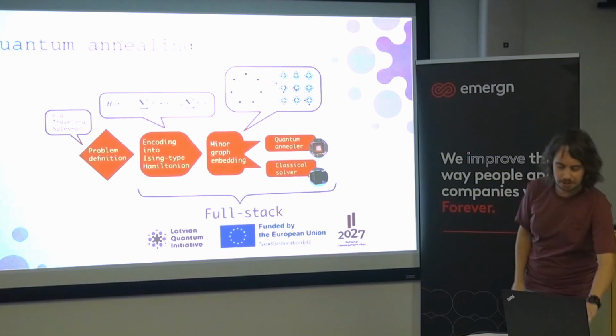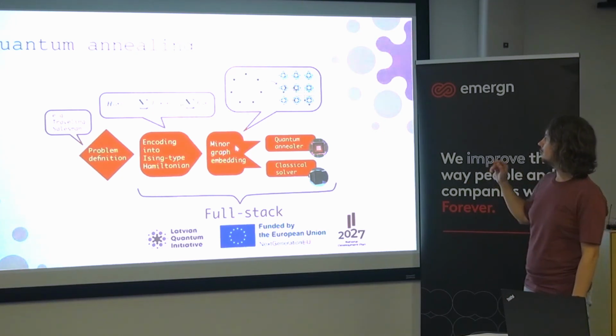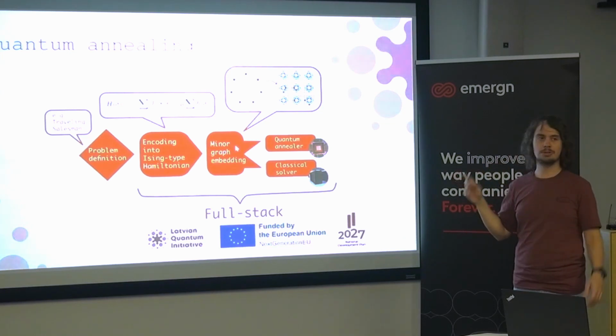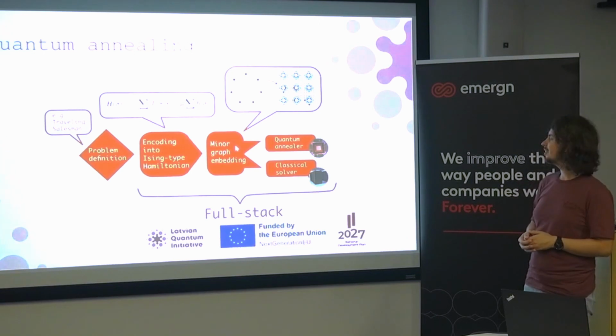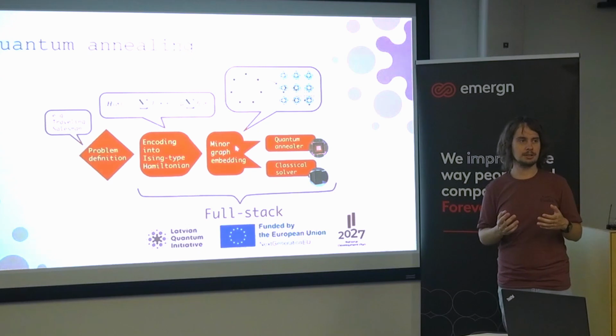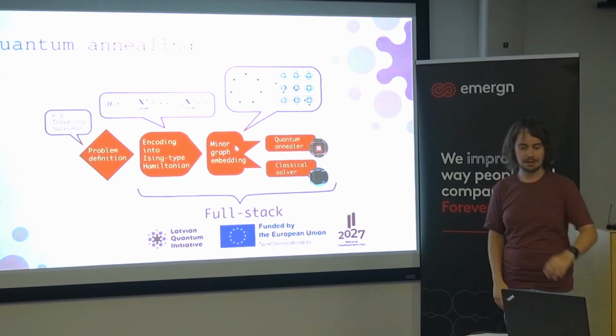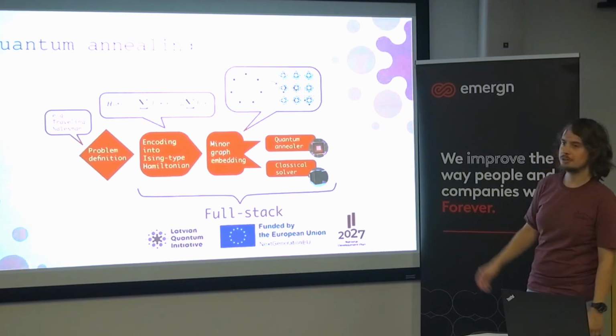After that, there is a step called graph embedding. So you adjust your problem to the connectivity of the particles in this quantum environment. This is the step that allows you to actually launch it later on a real device. And then you can use this quantum annealer real device and observe the outcome.